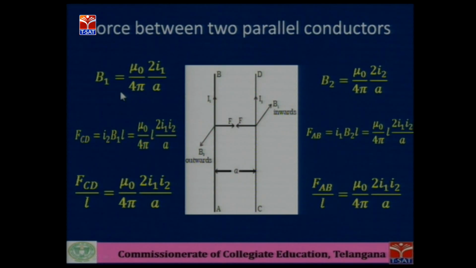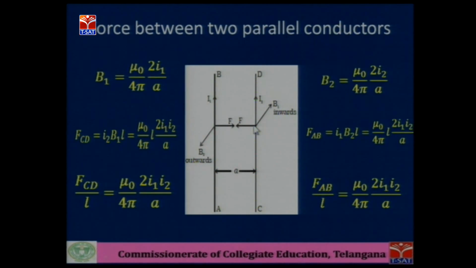Let us say B1 is the strength of the magnetic field at this point due to the current passing in the first wire. According to Ampere's law, this is equal to mu naught I by 2 pi a, or mu naught by 4 pi into 2 I by a. This is the direction.